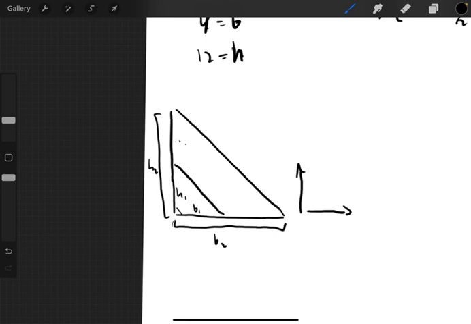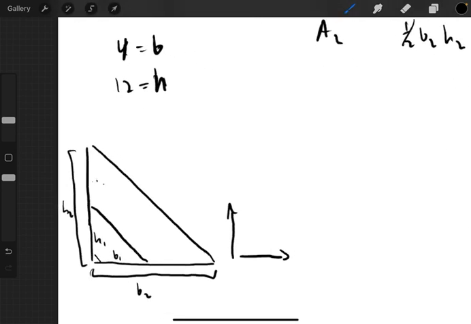This is a nice way to do it: height is proportional to base, because as height increases, base increases linearly.